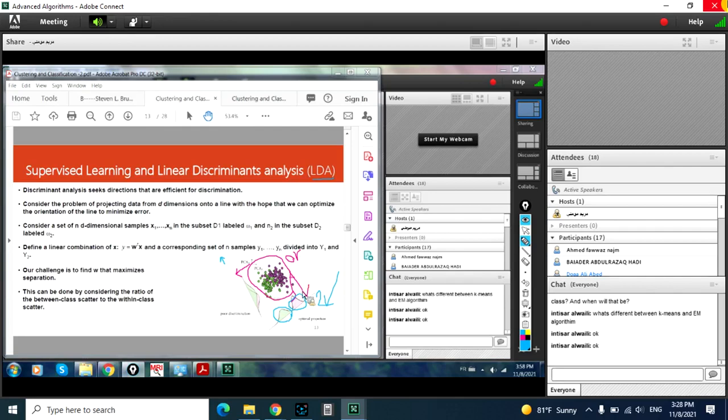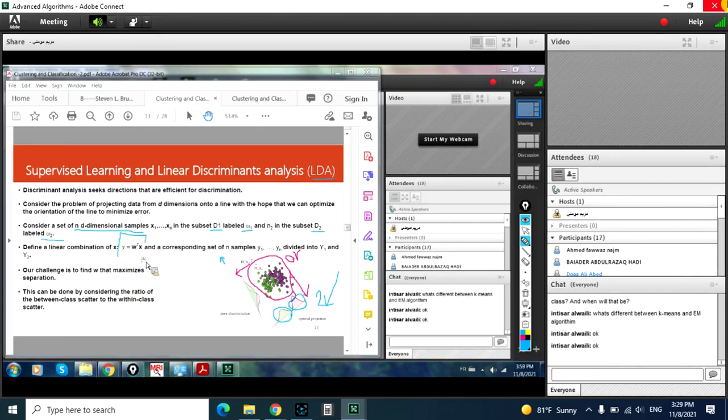Now, behind this concept, there are some mathematical equations. Again, consider a set of n-dimensional samples. We have a subset of the data, D1, which we label W1, and another subset, D2, with the label W2.